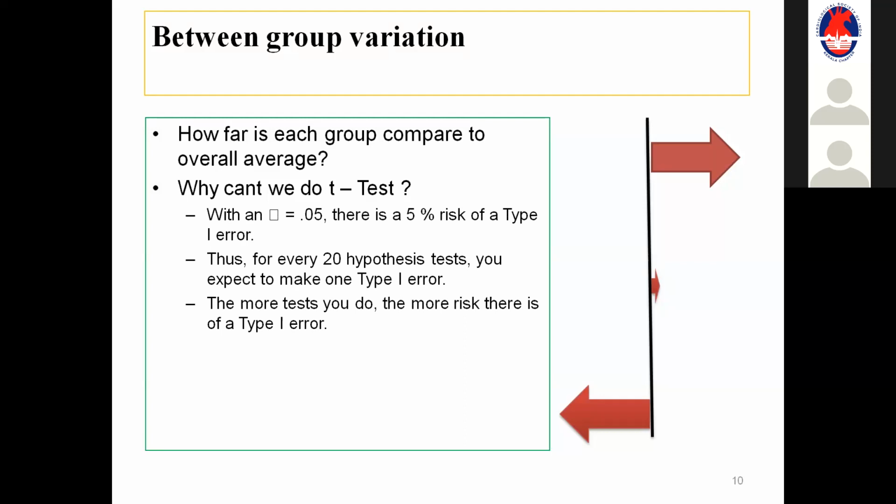Thus, for every 20 hypothesis tests, you expect to make a type 1 error, like you expect to falsely reject a null hypothesis in 1 out of 20 experiments. The more tests you do, the more risk there is for a type 1 error to happen. So that's why we need to minimize our number of tests as low as possible to get a valid statistical outcome for our analysis.